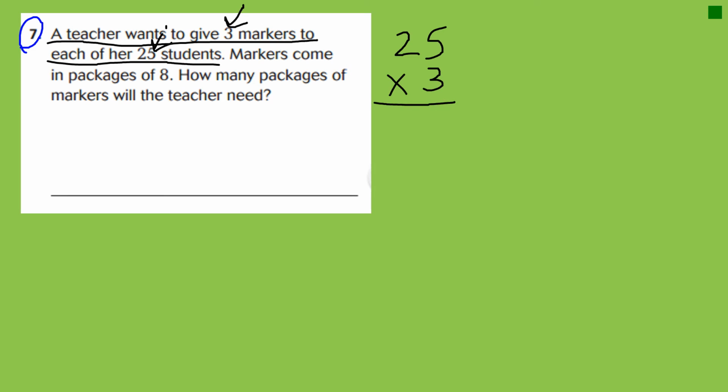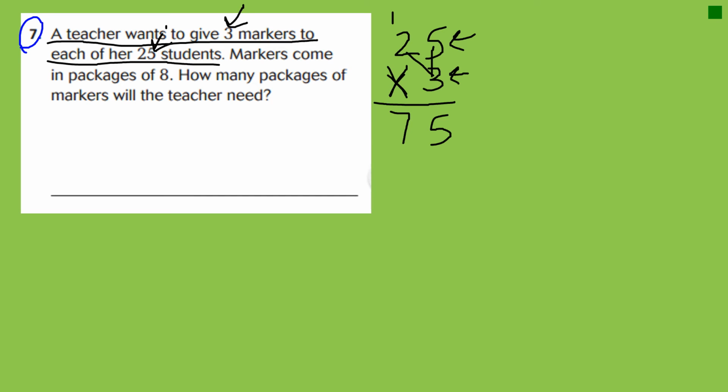So hold up. I might change my strategy after this. 3 times 5 is 15. 3 times 2 is 6, plus 1 is 7. This teacher needs 75 markers. She needs 3 markers for each of her 25 kids. 25 sets of 3 markers.